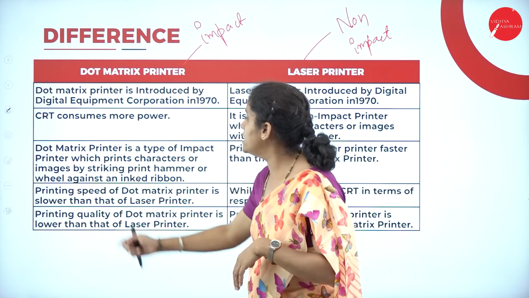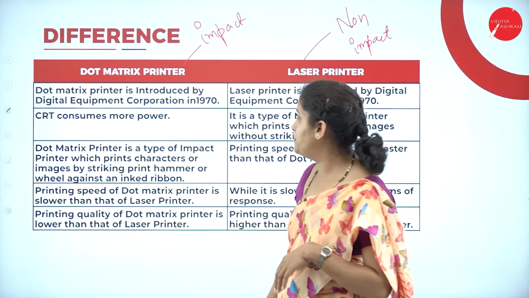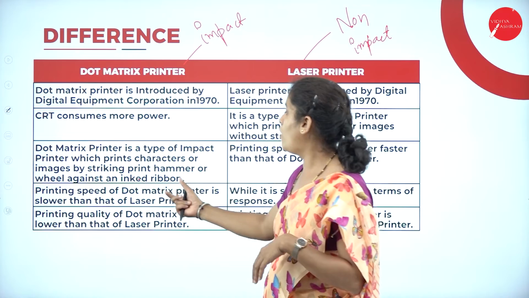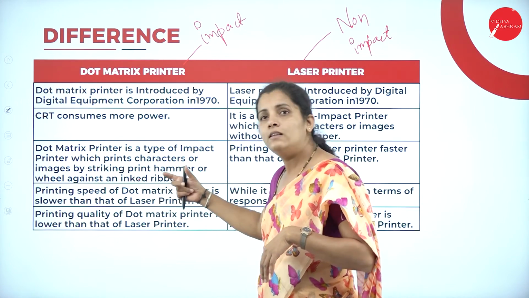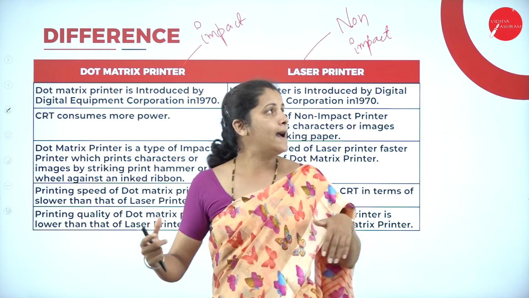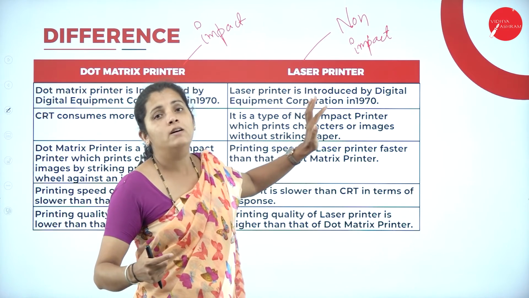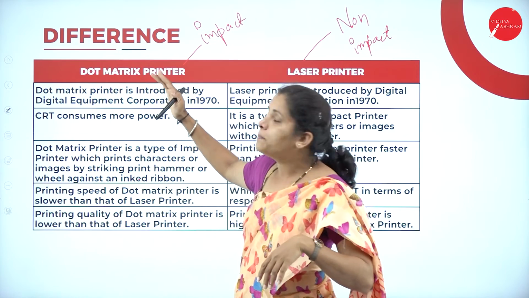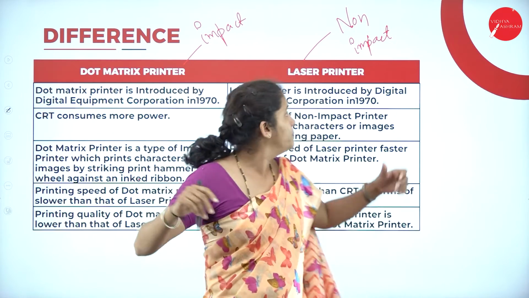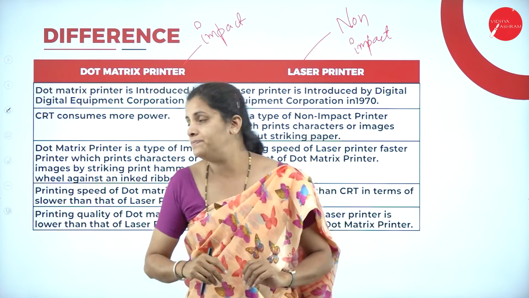Then moving on to the speed, that means printing speed. The printing speed of a dot matrix printer is slower than a laser printer, whereas the printing speed is comparatively higher in a laser printer.